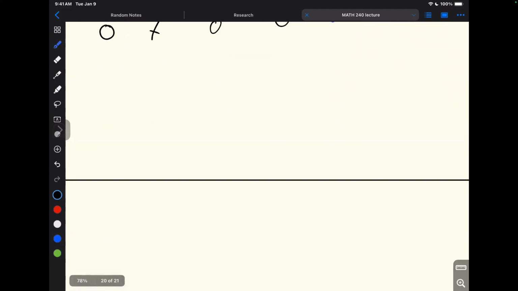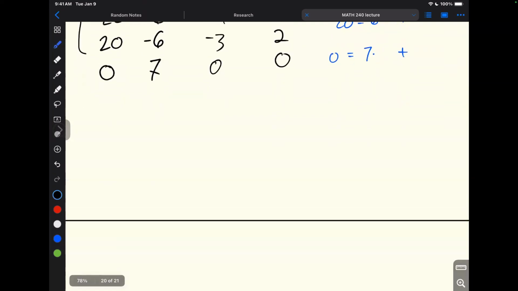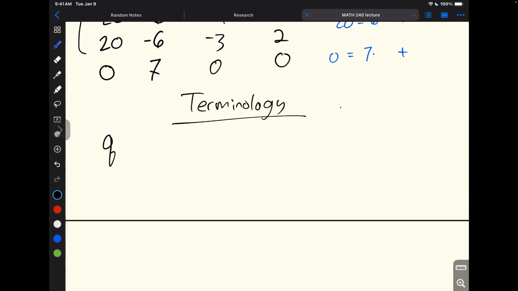So, some terminology time. Remember that we used to have just A equals B times Q, and now we have A equals B times Q plus R with restrictions on R. Remember Q is the quotient.